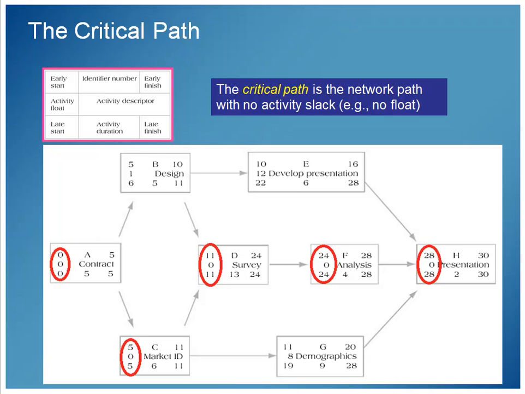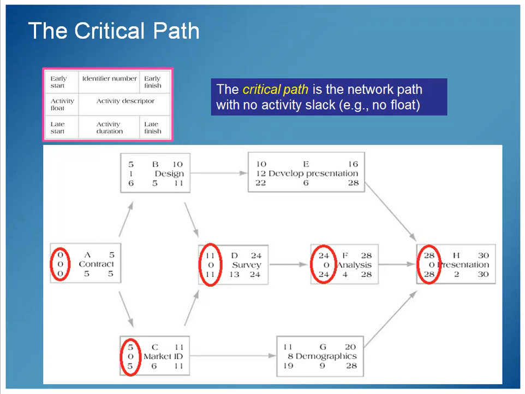And then I can see that C, in this case, has no slack. And then C can go to D or G. D is the node that has no slack, and then F is the node that has no slack, and then H is the node that has no slack. So that path, A, C, D, F, H, that is our critical path.